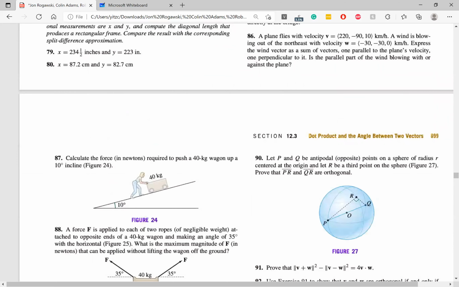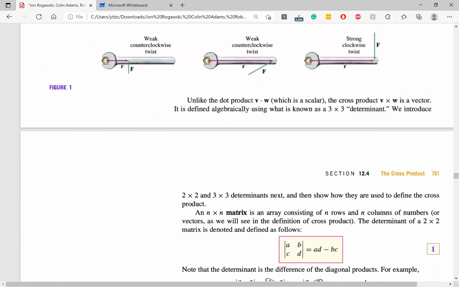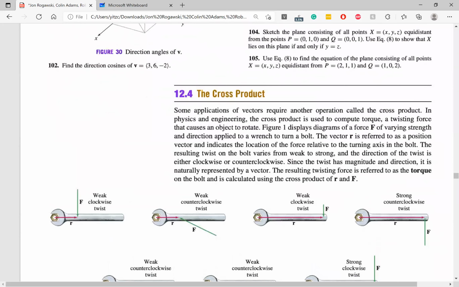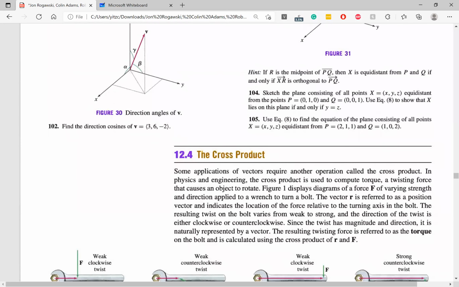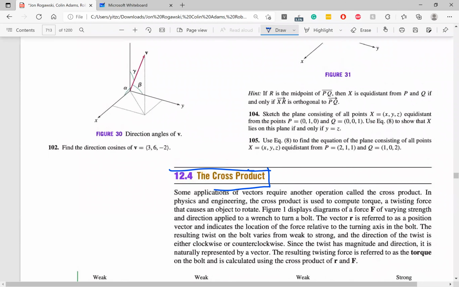Okay, so the next topic is the cross product. And there are two operations that we learn to do on vectors. The first one is the dot product, and it corresponds to cosine, like we talked about. And the second one is the cross product, and it corresponds to sine.